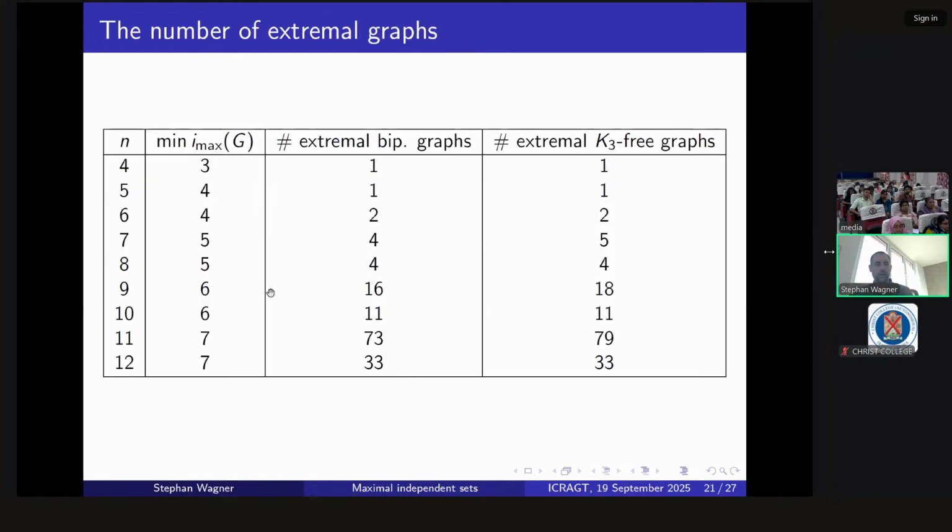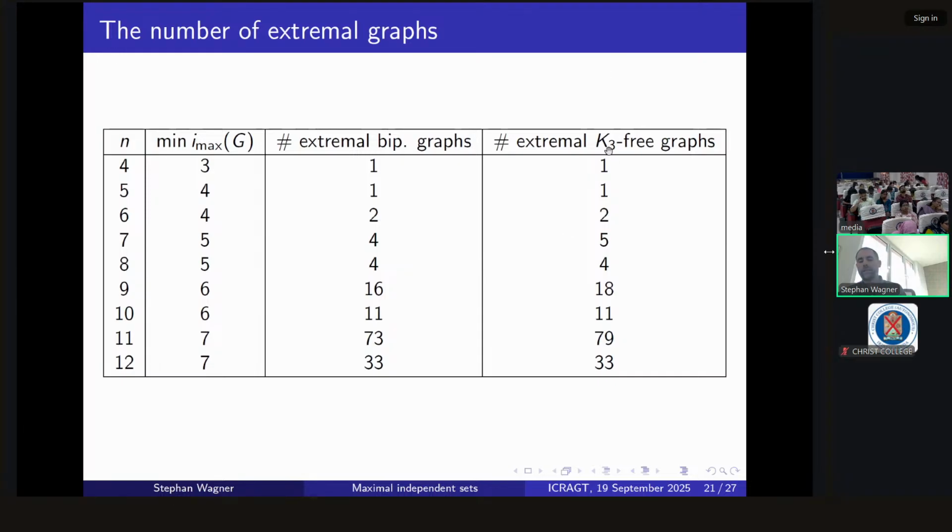Here is a quick illustration showing that the extremal graphs are not unique. There are generally many possible graphs that attain the minimum number of maximal independent sets. Initially they're unique simply because there are not so many different graphs there, but the numbers grow quite quickly. So already with order 11 there are 73 different twin-free bipartite graphs that have the minimum number of maximal independent sets.